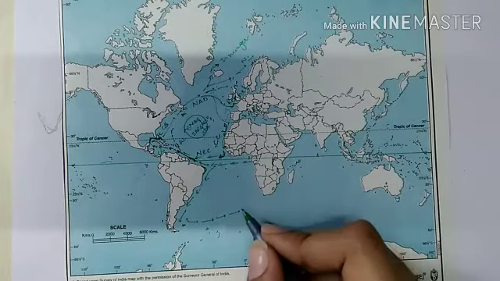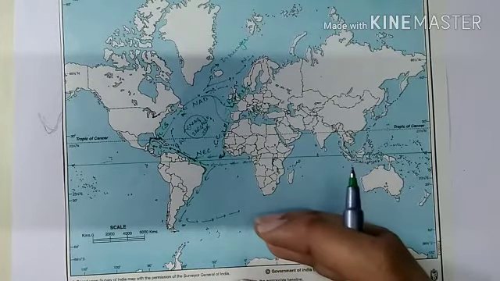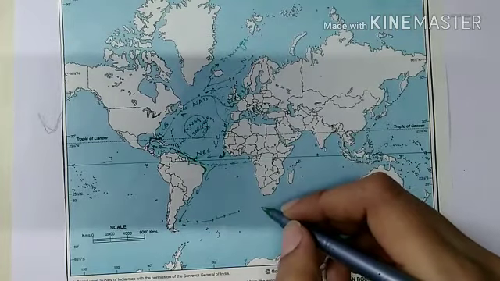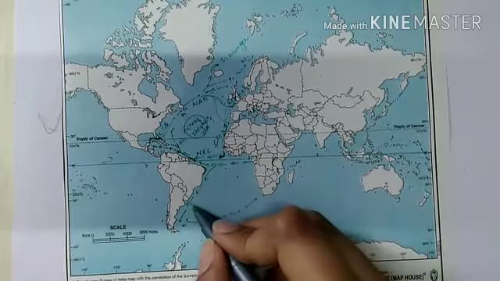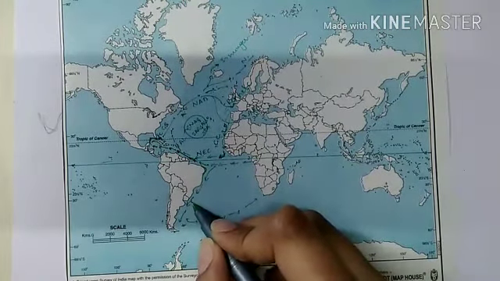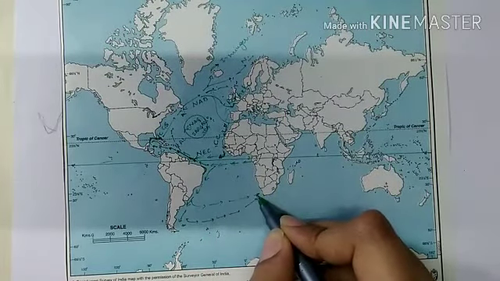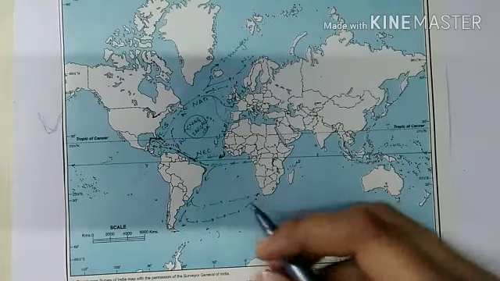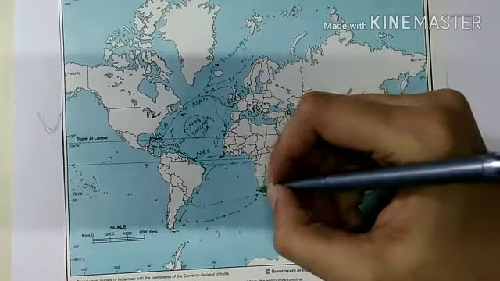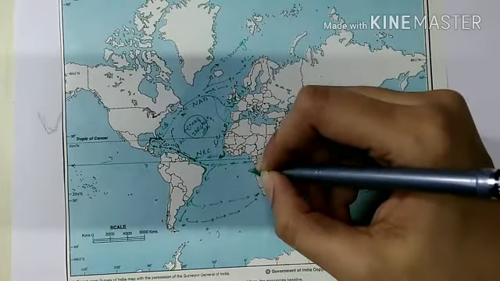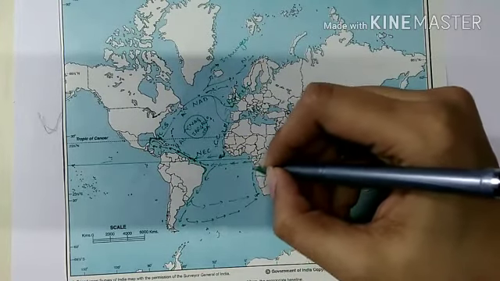This phenomenon further accumulates water along the southwest coast of Africa. I'm sorry, it is not till here, it is till here only. So this will accumulate water on the southwest coast of Africa, and this will lead to the development of a slope in the south-north direction to give rise to a cold current, known as the Benguela current.